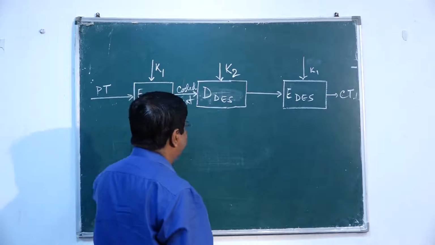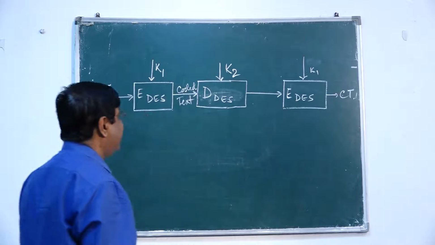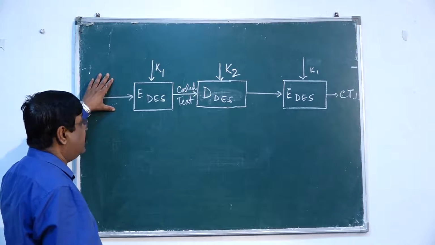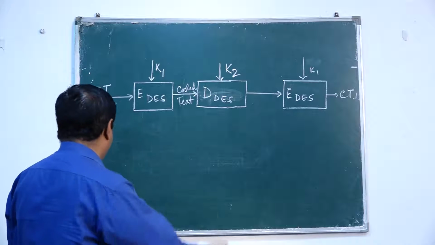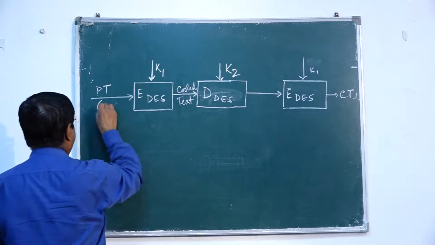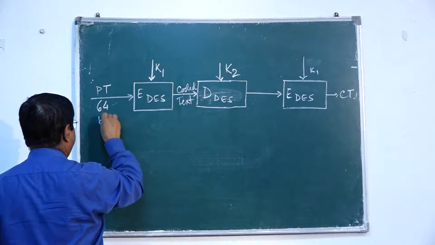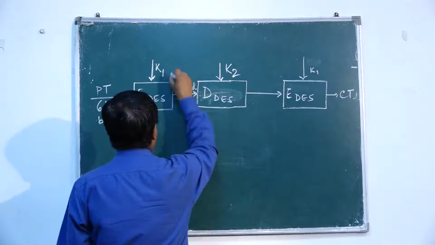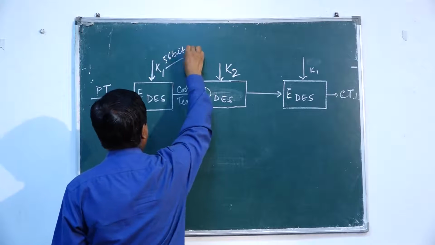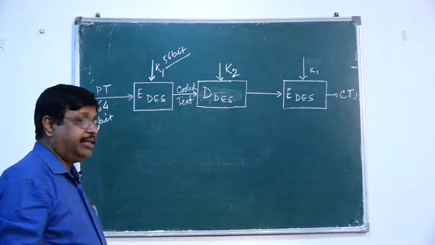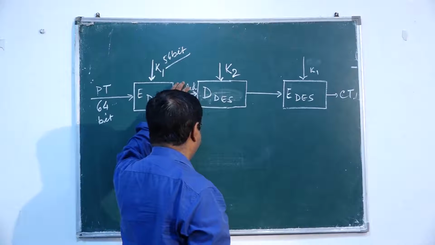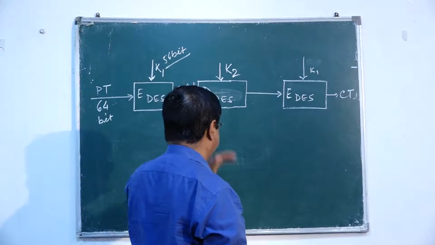So, this is the entire process of triple DES. I am repeating it again. The plain text of 64 bits enters this encryption process using the 56 bit key K1, and on this coded text we apply decryption.